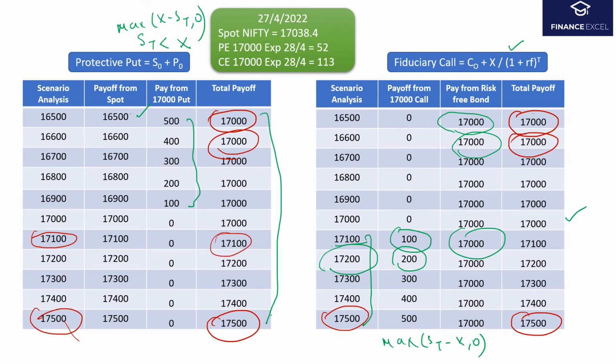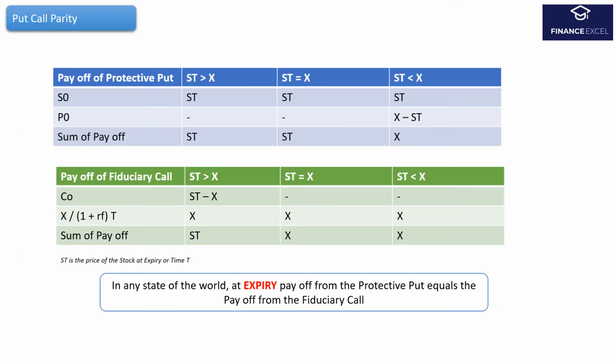Similarly, if Nifty spot ends at 17,100 at expiry, the payoff from the fiduciary call is 17,100. Guys, hence proved that at expiry, the payoff of the protective put shall equal the payoff from the fiduciary call. And since they would have the same payoff at expiry, they should trade at the same price or the same cost any time before expiry to prevent arbitrage. Right, guys? So let's move on to the next slide.